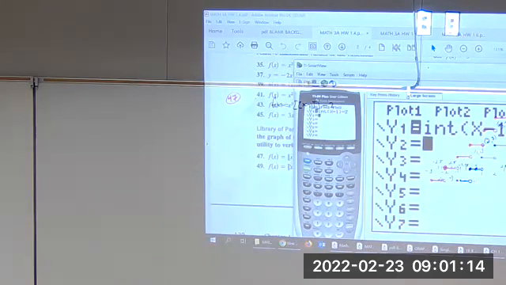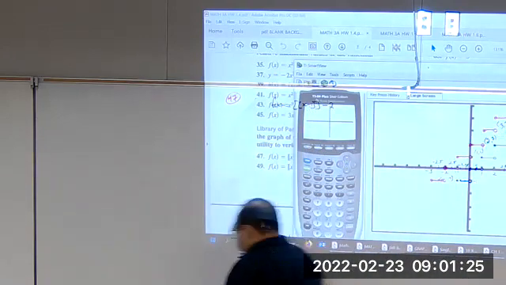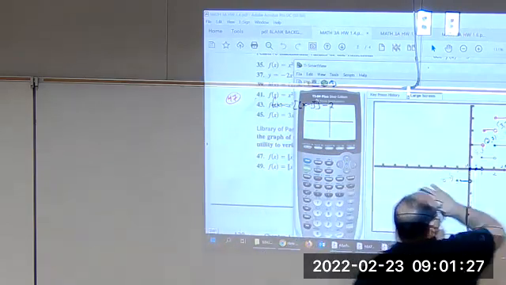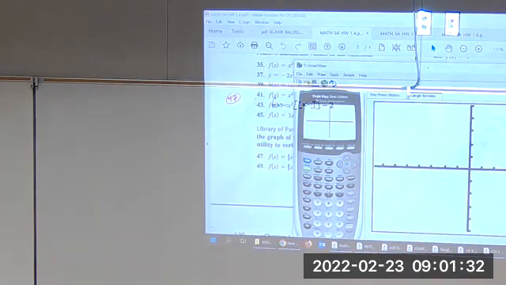Now, I'm not going to graph it yet. I'll use the same window, because it says they want you to graph it by hand. So let's do a little verbal walkthrough on this.